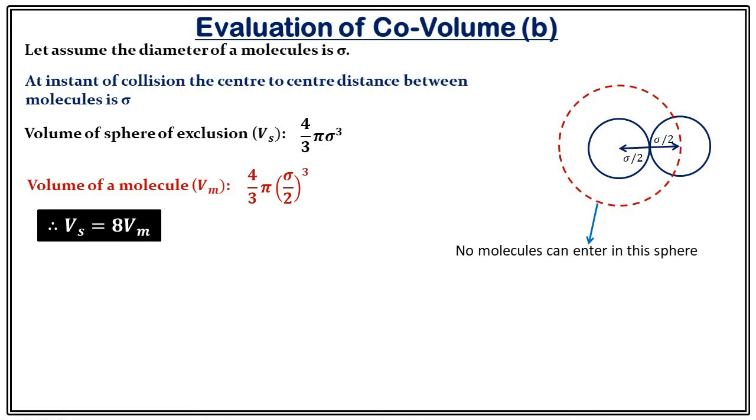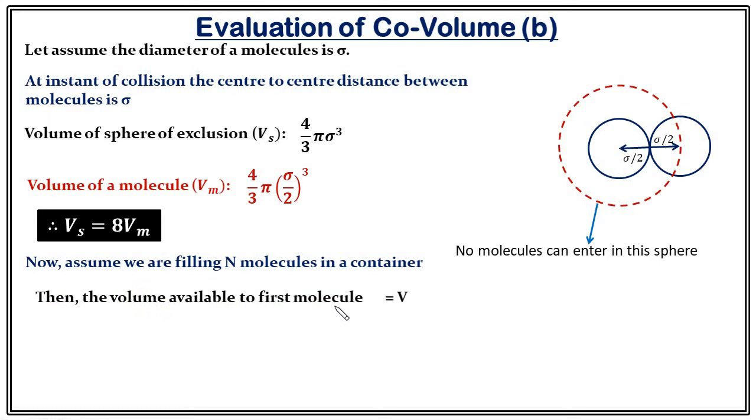Okay. Now assume that the container contains n number of molecules and we are filling the container with the molecules one by one. In that scenario, the volume available for the first molecule to freely move around the container is equal to V, the volume of the container.